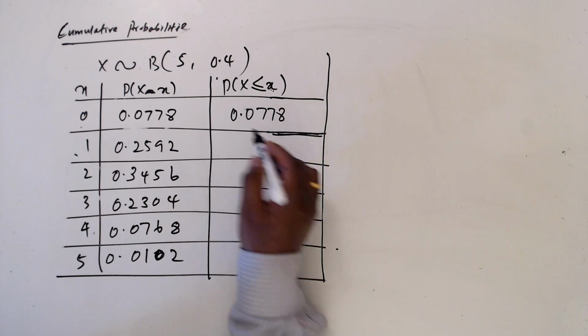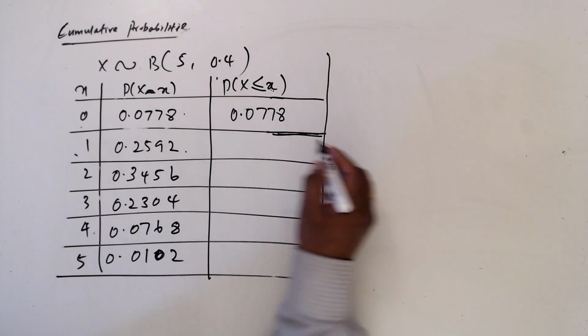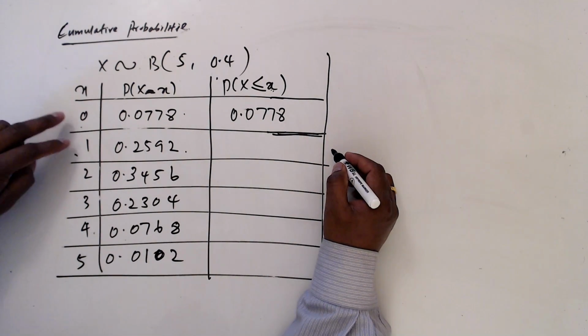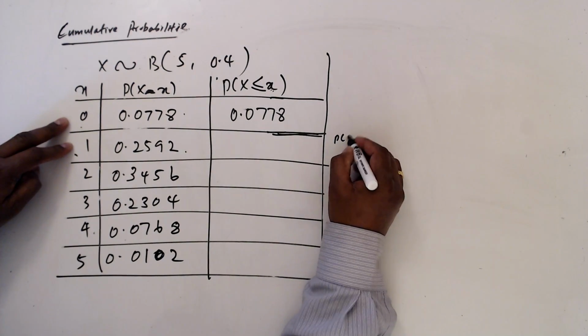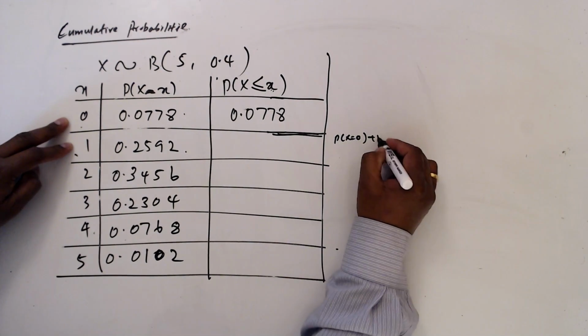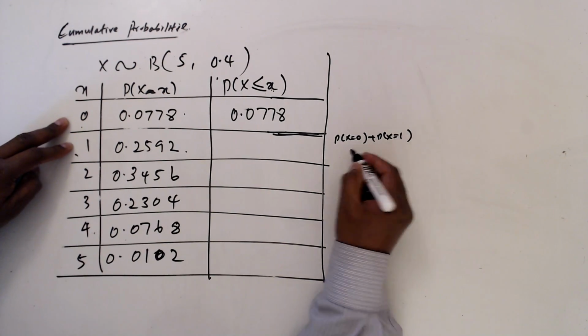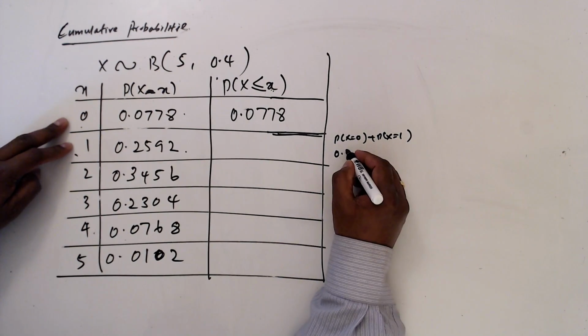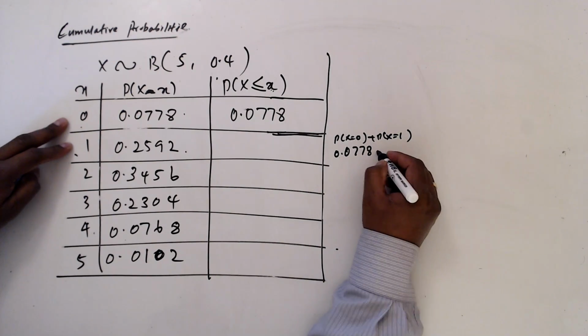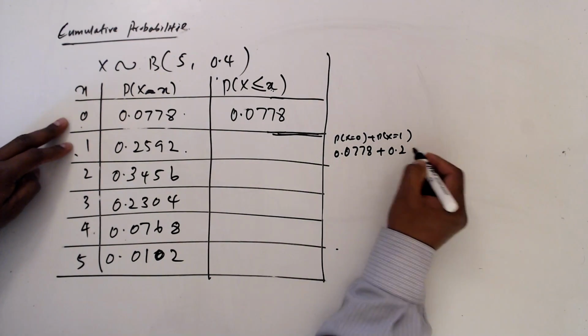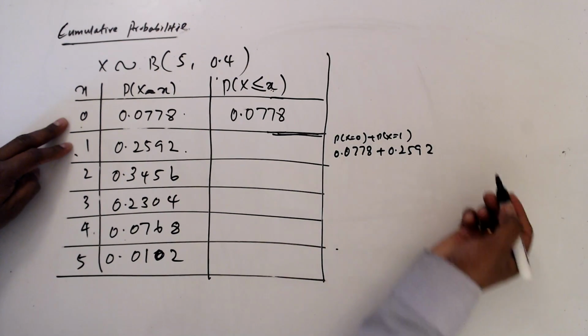Then you want to add this one and this one. When x equal 1, 0 plus 1. Probability of x equal 0 plus probability of x equal 1. So that is 0.0778 plus 0.2592.